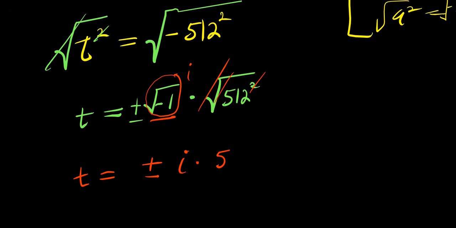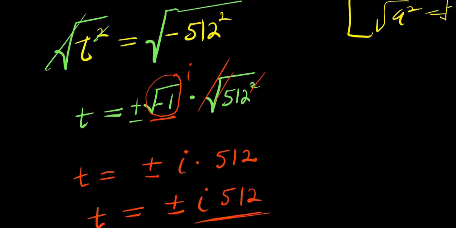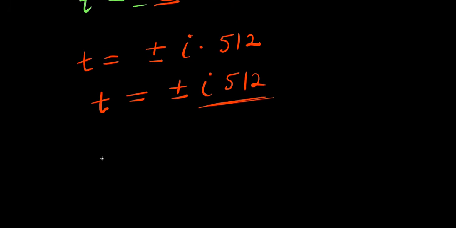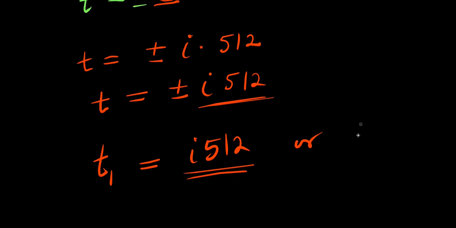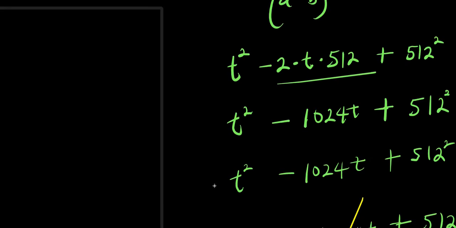So we have 512. So from here we have t equals plus or minus i times 512. That means we have two values for t. We have t1 equals positive 512i, or t2 is negative 512i. So these are the two values for t.